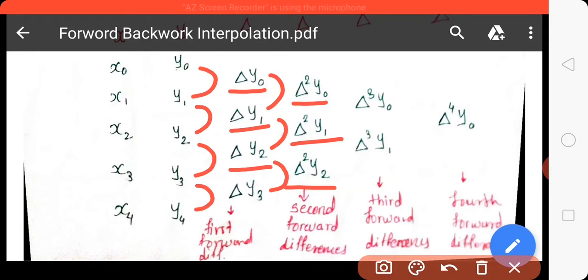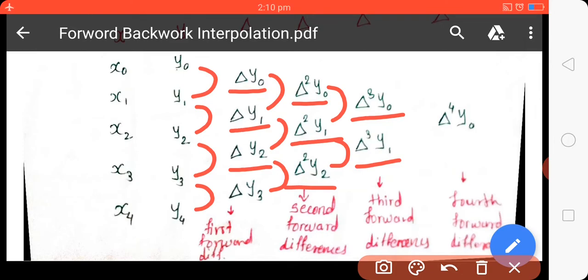Now we calculate the next. If we take the difference delta square y1 minus delta square y0, this gives delta cube y0. We calculate delta square y2 minus delta square y1. This gives delta cube y1. That is the third forward differences.